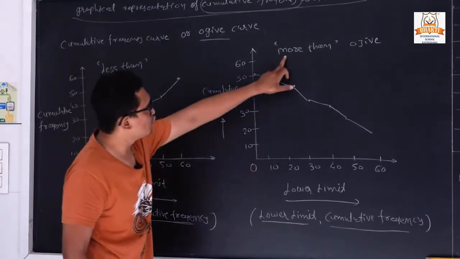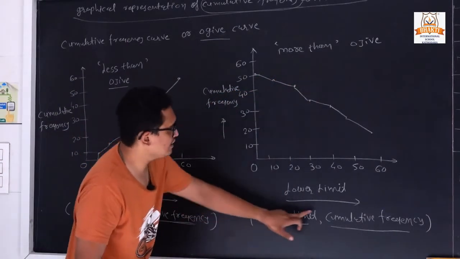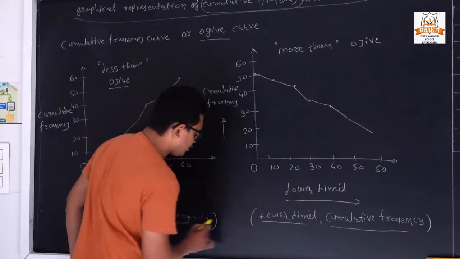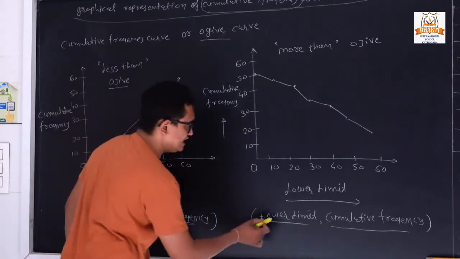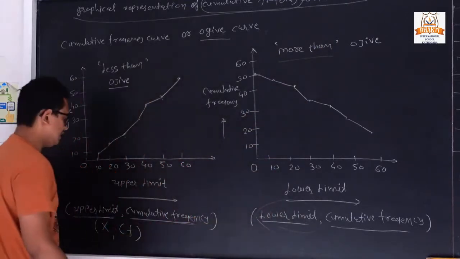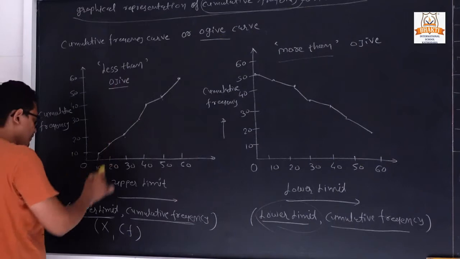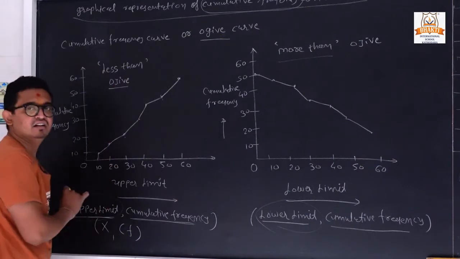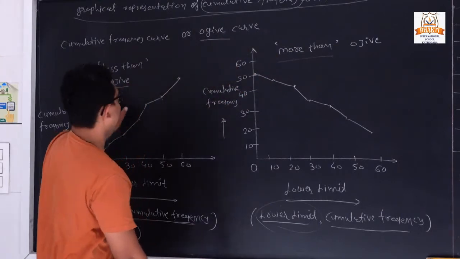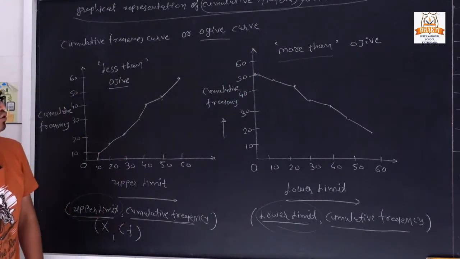For more than type, we use the lower limit versus CF. CF remains fixed as our y coordinate. The change is that for the more than type ogive we consider the lower limit, and for the less than type ogive we consider the upper limit.